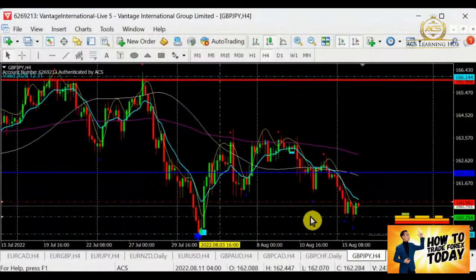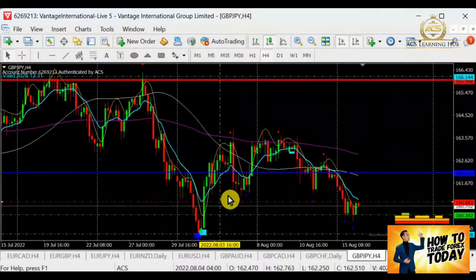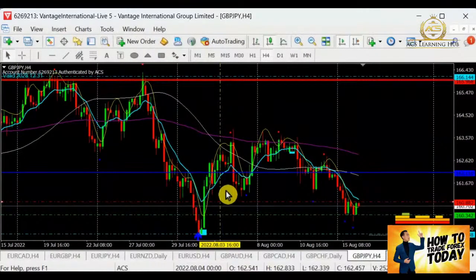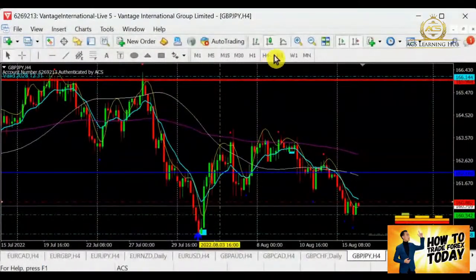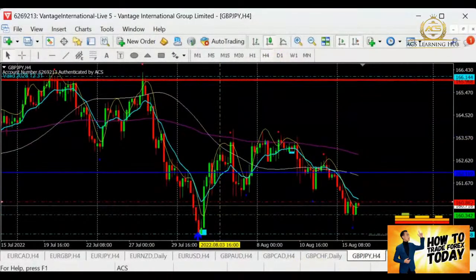Tentatively, looking at this support, we have about 35 pips to go for pound yen. Pound yen in the bear, trading into selling, so I guess this is quite good. We can go for pound yen, my watch list.